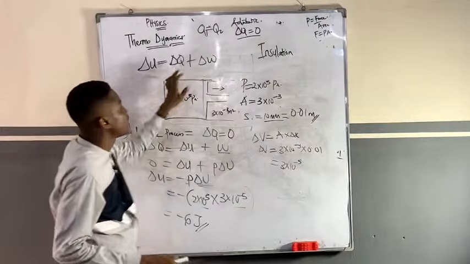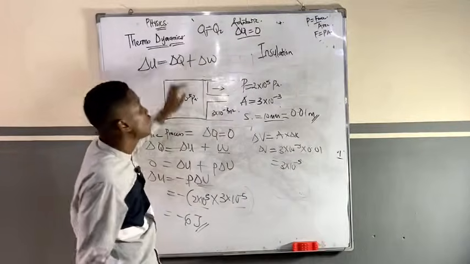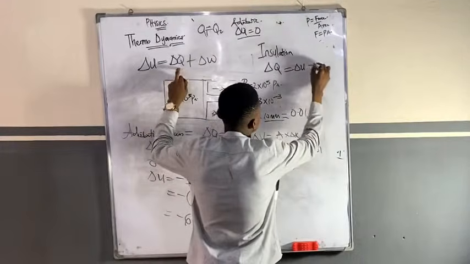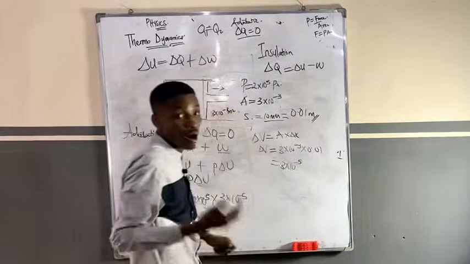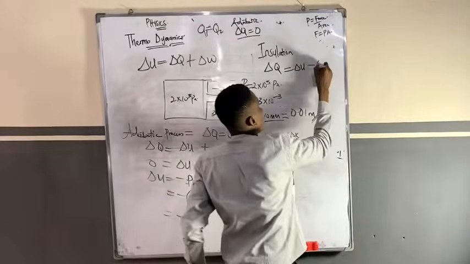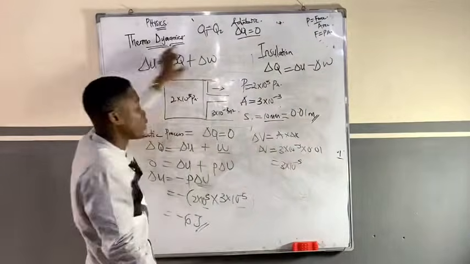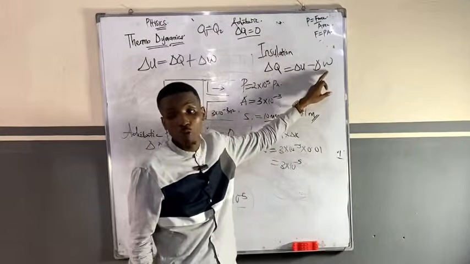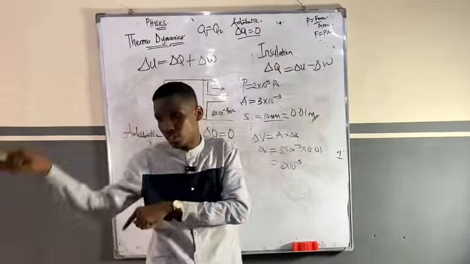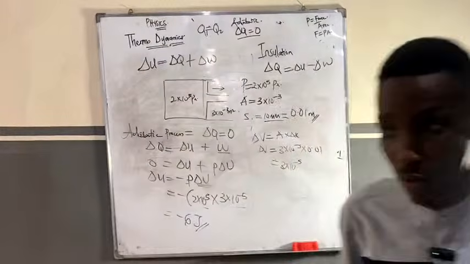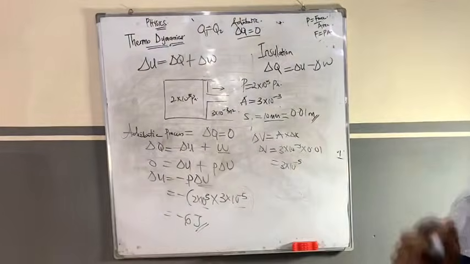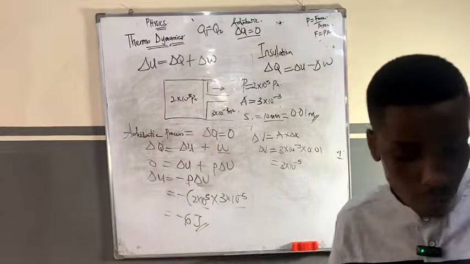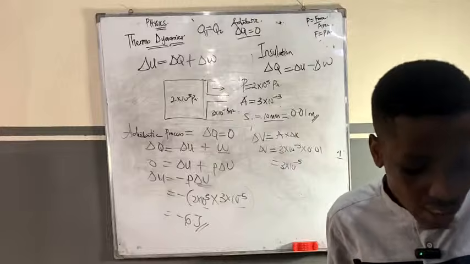Let's make it the formula with the subject, change in Q. Now you observe that in this formula given in your Nelson and Parker, was this work done on or by? On the system. So that makes option B wrong. They say the change in W is work done by, and that's wrong.